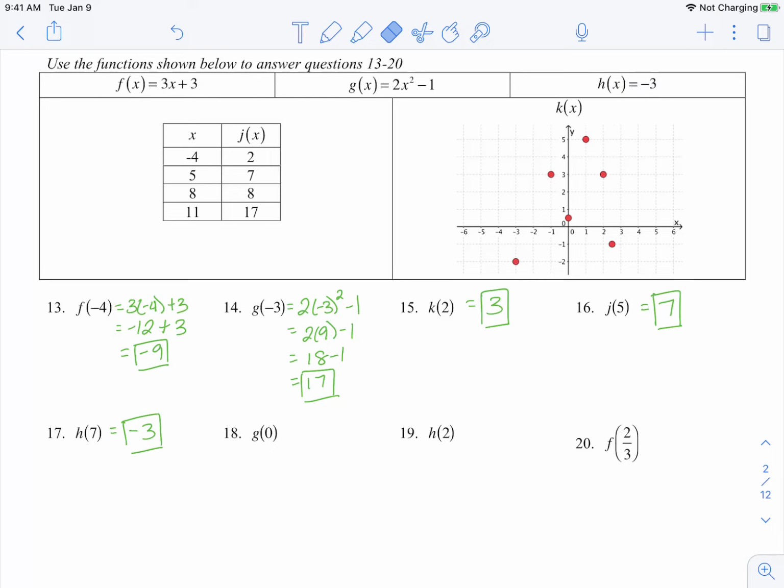Next we have g of 0, so we're going back to this function g of x and plugging in 0, so we have 2 times 0 squared minus 1. So that gives you 0 minus 1, which is -1.